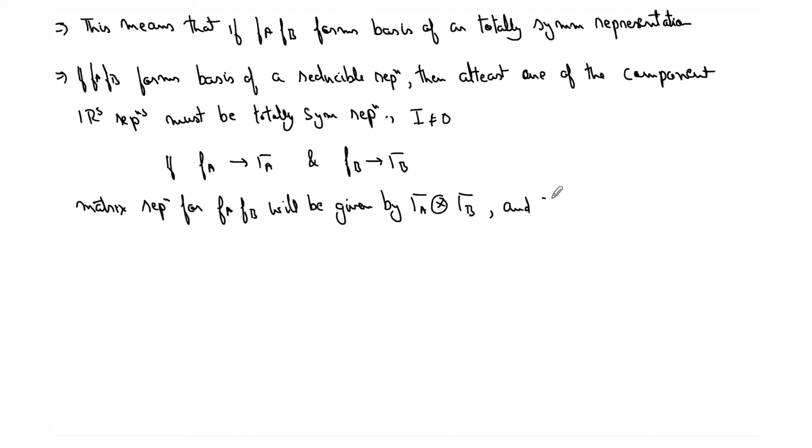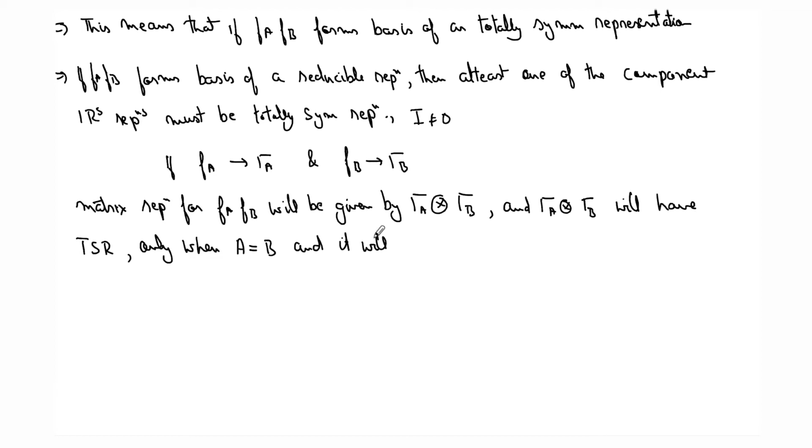And tau A tau B direct product will have a totally symmetric representation, TSR, only when A is equal to B, and will never contain a TSR when A is not equal to B, right?